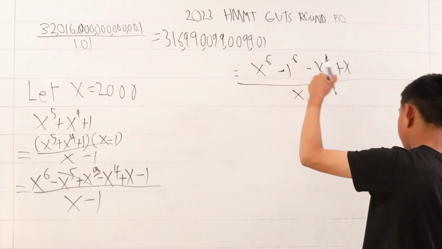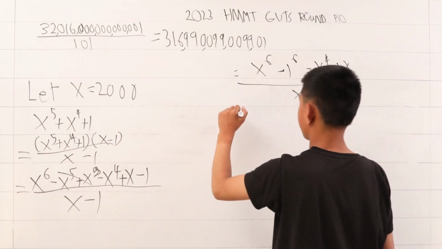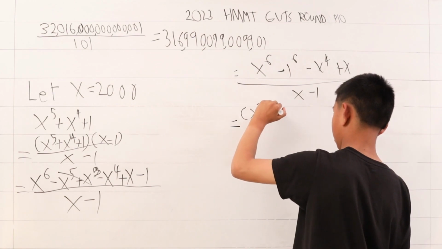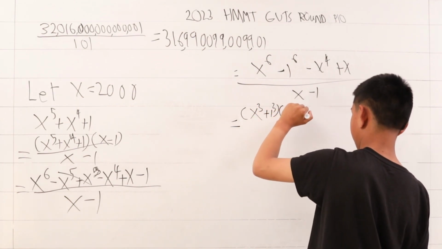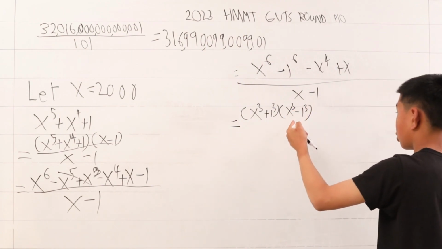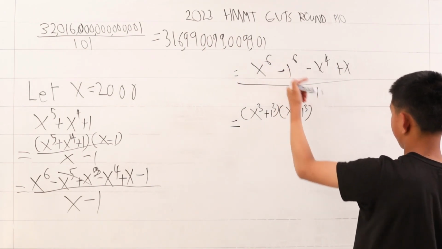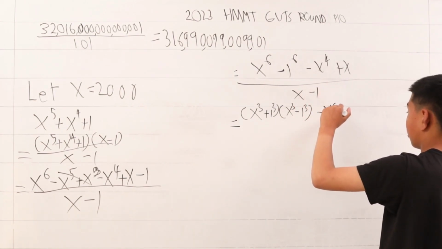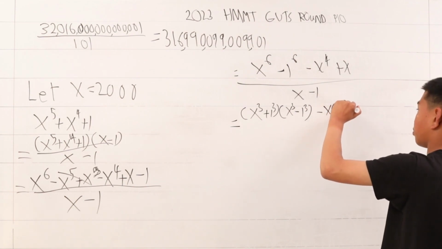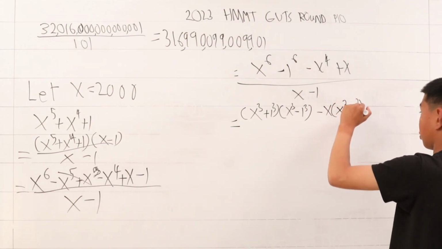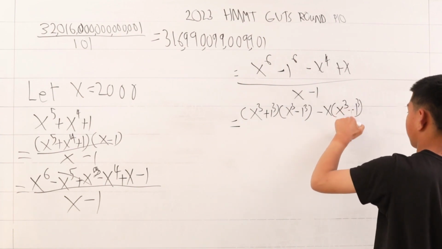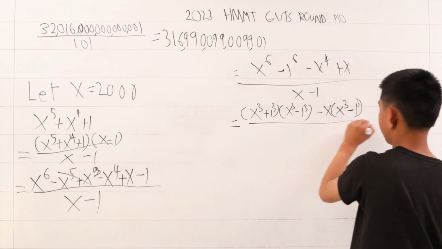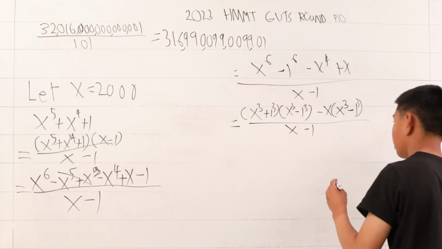The first part is a difference of squares, a plus b times a minus b, so this is now equal to x cubed plus 1 cubed times x cubed minus 1 cubed, because x cubed squared is just x to the power of 6. And now here we can take out the factor of x, so this is x cubed. Well, no, it's minus 1 since there's a negative there.